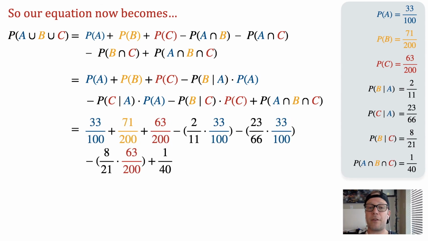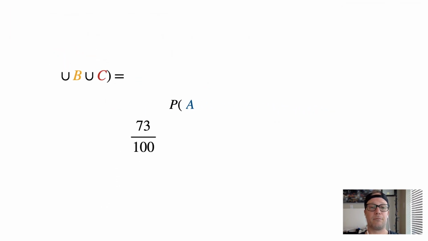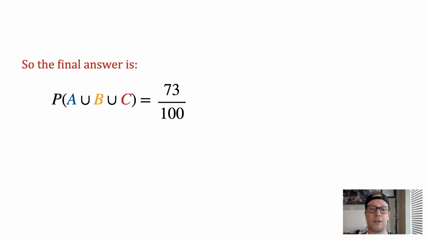So now we have nothing but numbers, and all that's left to do is hit our trusty calculator to get our final answer. The final answer, after all that work, is 73 over 100.